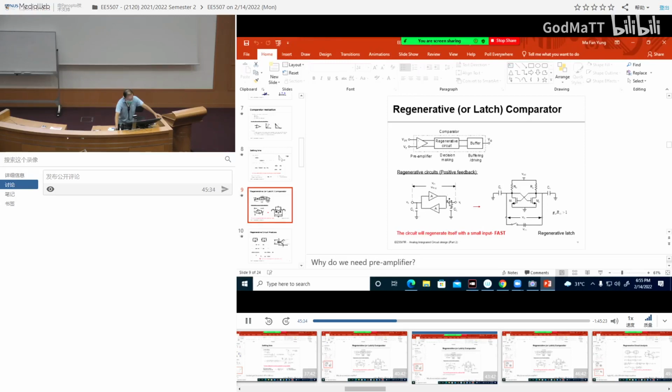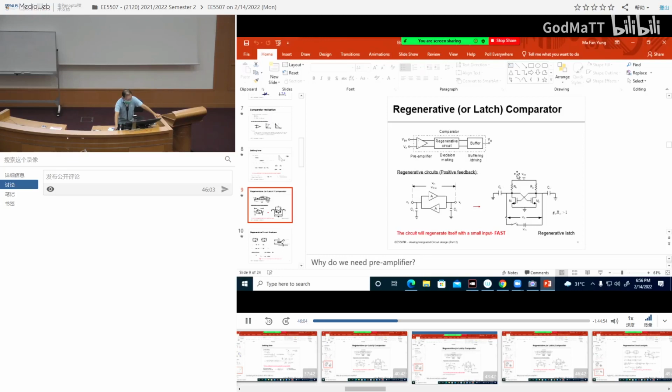Any change here will get amplified here. Any change here will get amplified back here. So a very small input will get amplified, and then once it gets amplified, it will feed back again. So this is one example of a simple regenerative latch circuit.